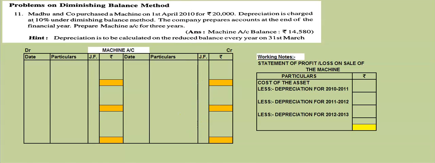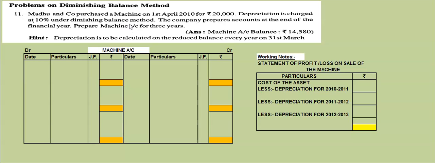So today we will start doing problems on the second important method in the topic depreciation. In the previous classes we have learned how to solve a problem under straight line method. Straight line method is also called as fixed installments method or original cost method.